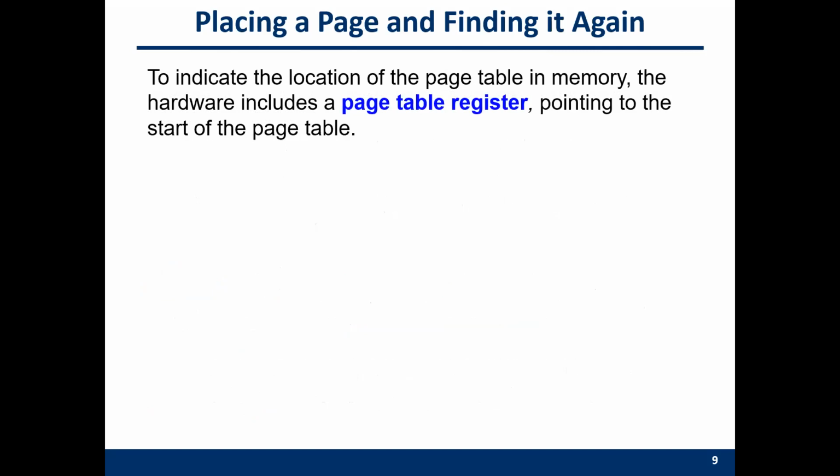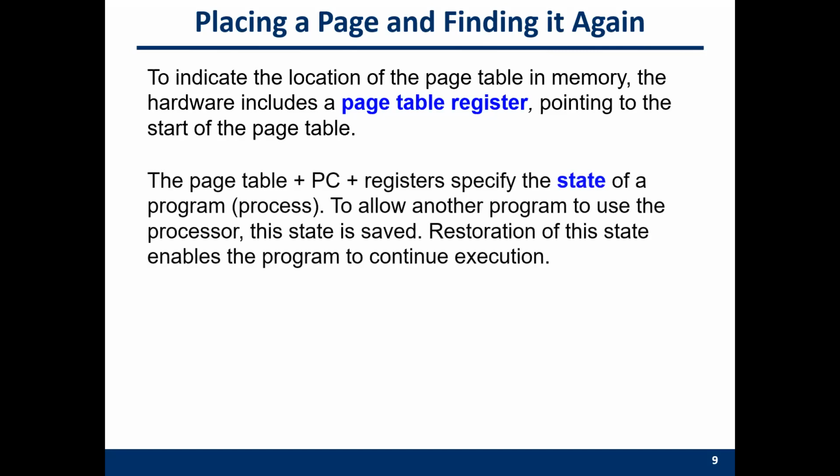To indicate the location of the page table in memory, the hardware has a page table register to point to the start of the page table. The page table register plus the PC plus the registers specify the state of a program. To allow another program to use the CPU, this state is saved.